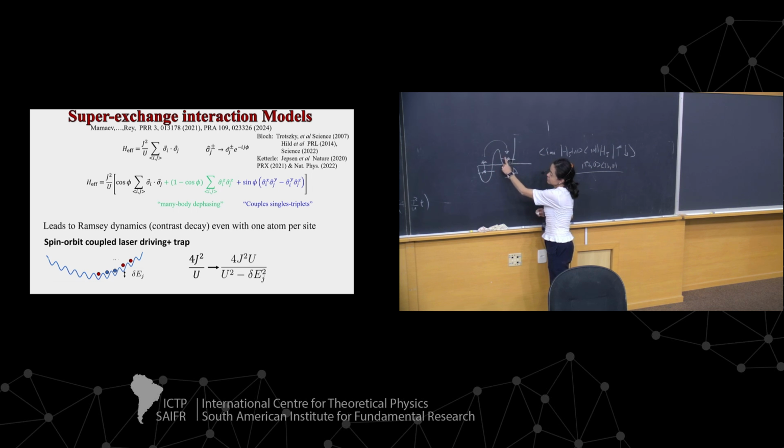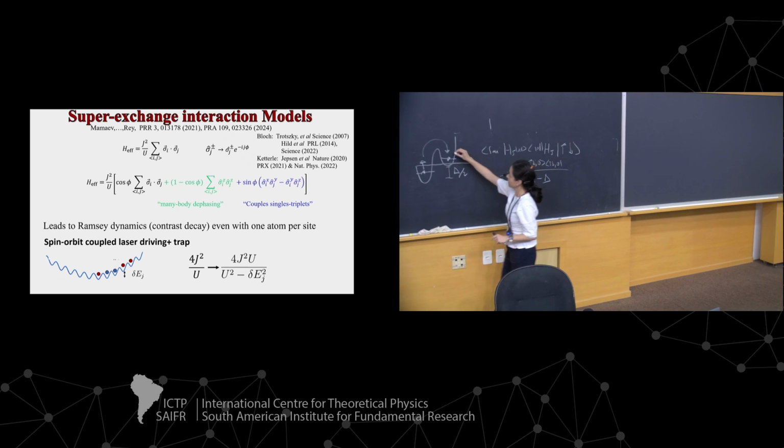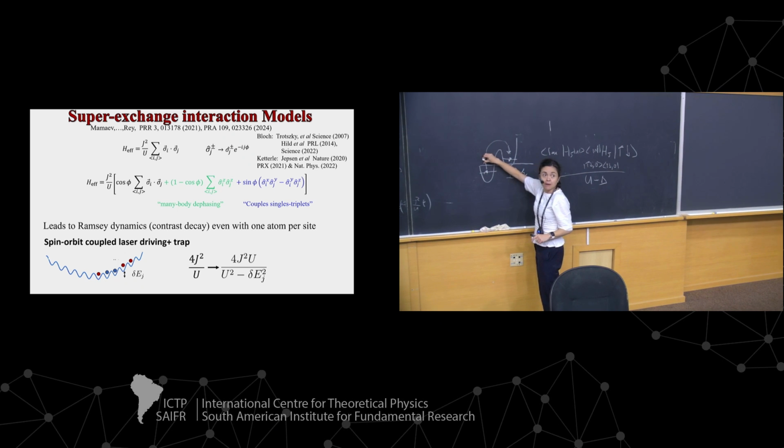When this tunnels, not only do you gain energy U, but you also have a change in energy, because you go from plus delta to minus delta. So maybe we can put delta half to avoid factors of 2, yes? So you're going to have an energy that is U minus delta. This is when you tunnel from here to here. But when you tunnel from here to here, what happens?